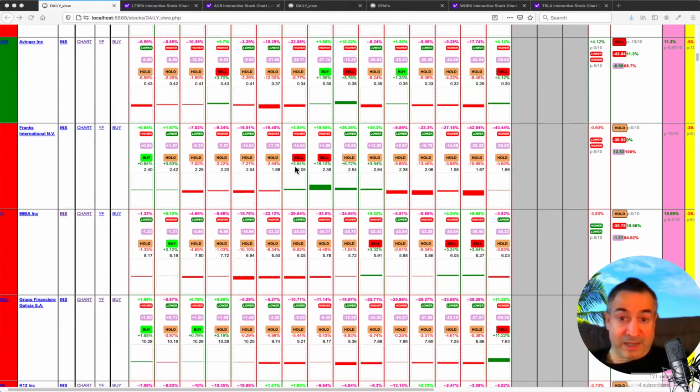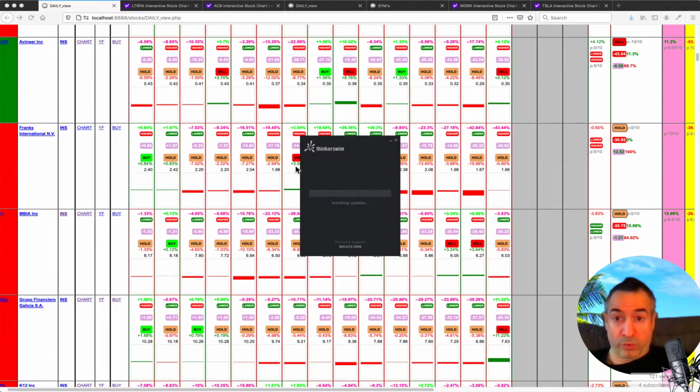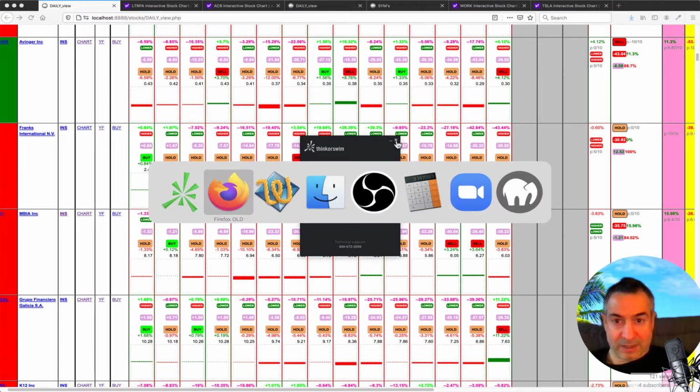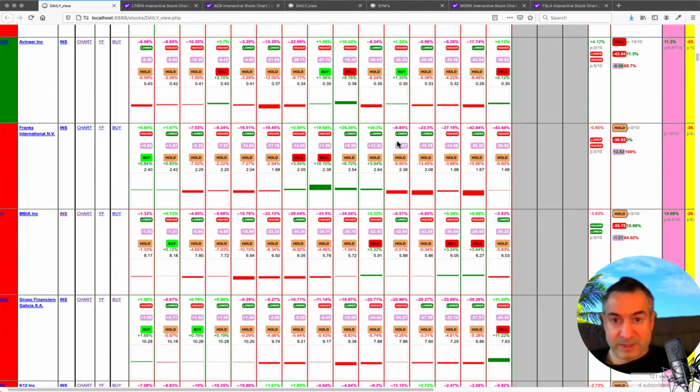An exception to the rule would have been this one. Look, you would not have bought this one. Installing updates for Think or Swim, and what would have happened? It went up 30%. Look at that. But then it dropped.